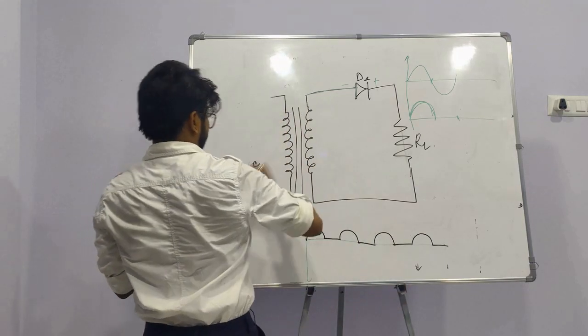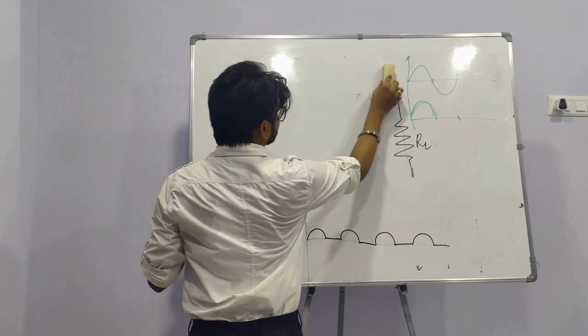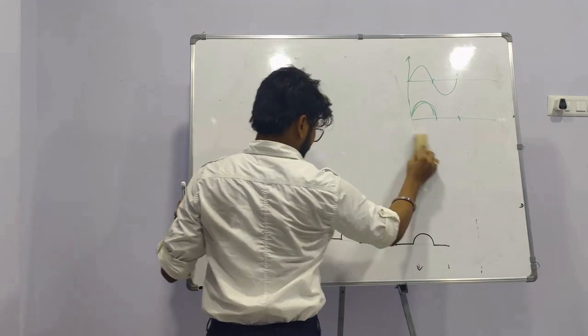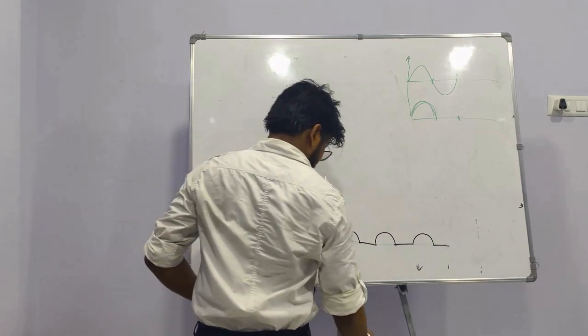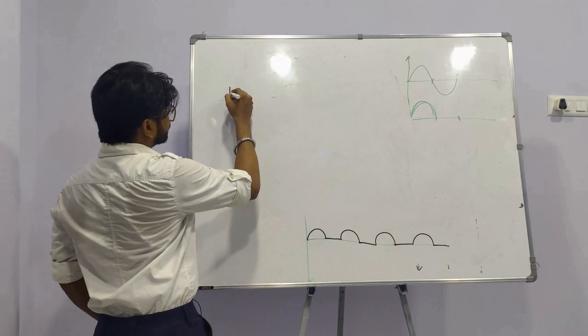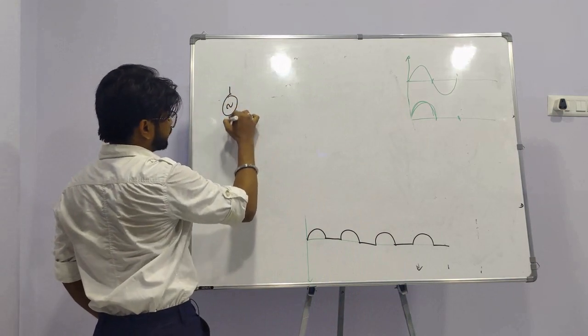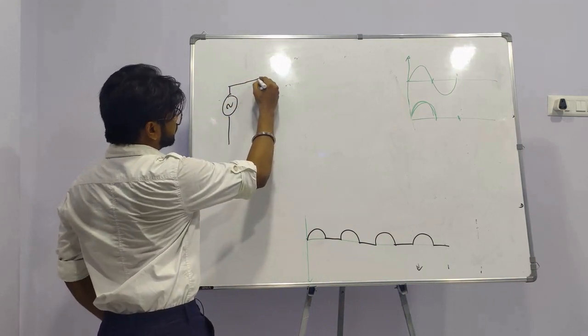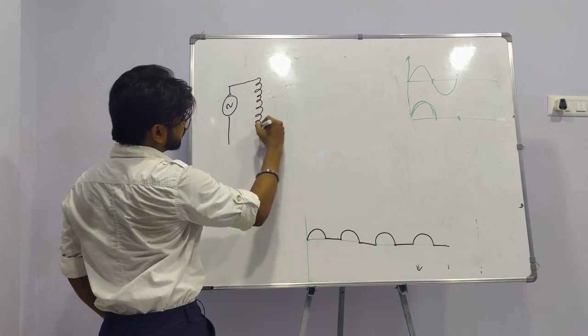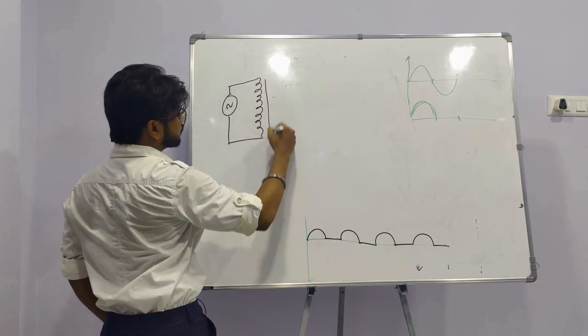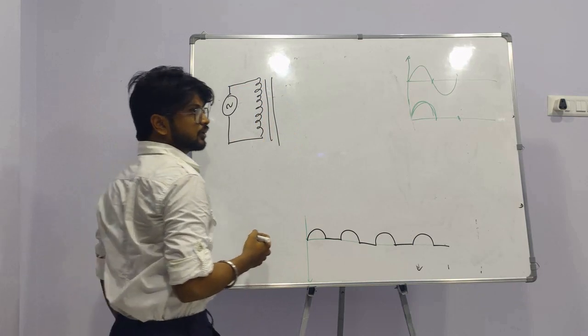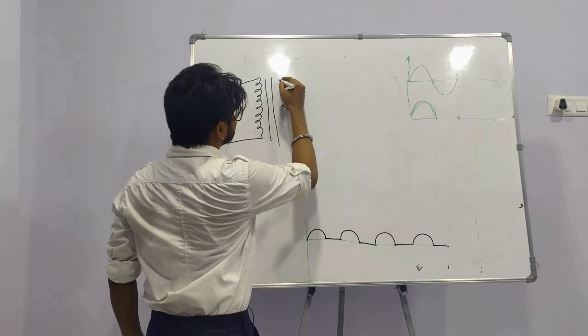Now we will see a full wave rectifier. We have an AC signal and a transformer. So here the transformer is center tapped.